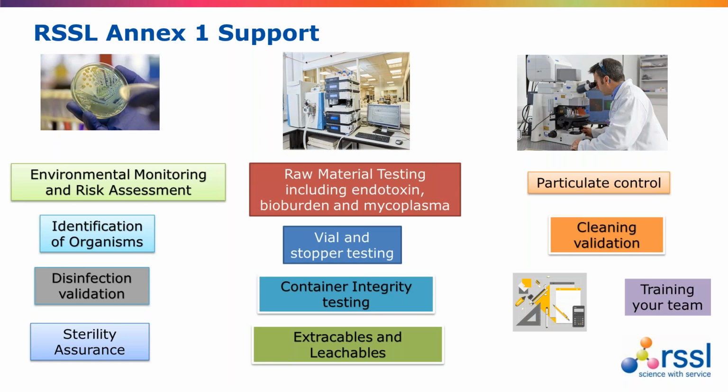RSSL have a dedicated E&L team to support these activities, as well as looking into any nitrosamine impurities that you might want to detect. And within our microscopy division, we have a range of technical experts that can help with any identification of particulates you may find during your process, or can perform sub-vis testing on your products.